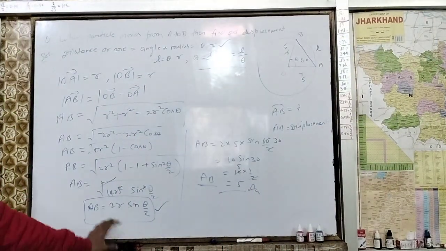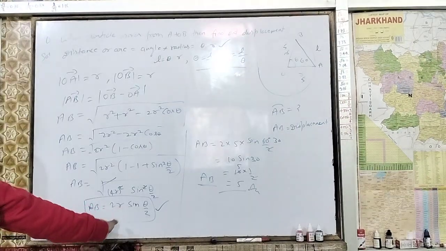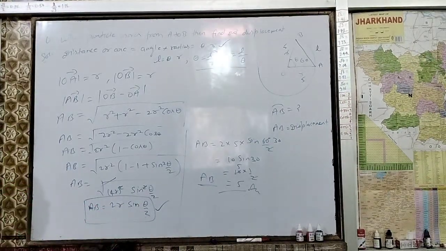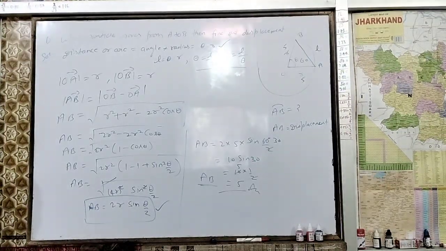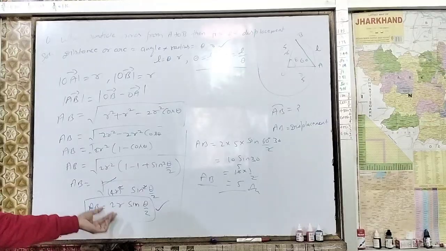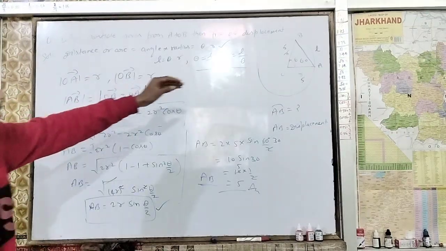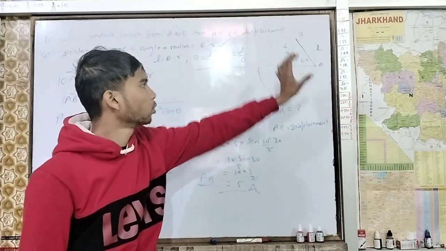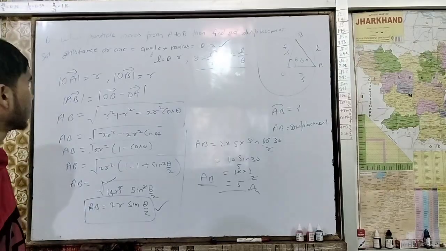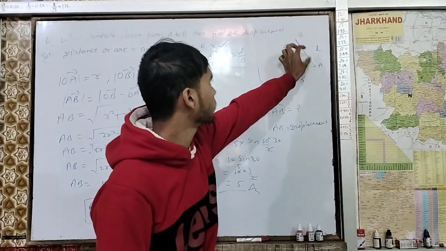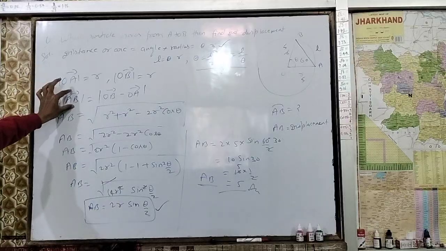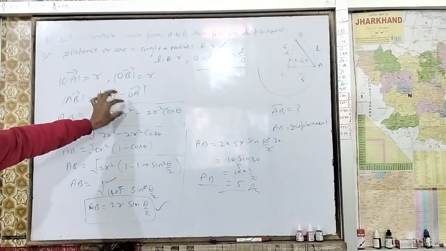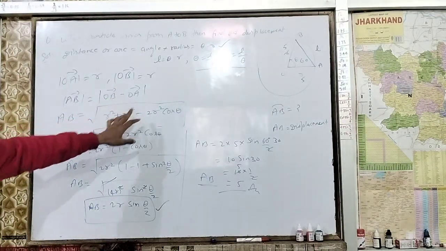That is how we can apply this formula to calculate the displacement of any body. Clear? How did it come? We saw there were two R, but we can't say that OA is equal to OB. No, it is not valid for this. So vector AB will be equal to OB minus OA.